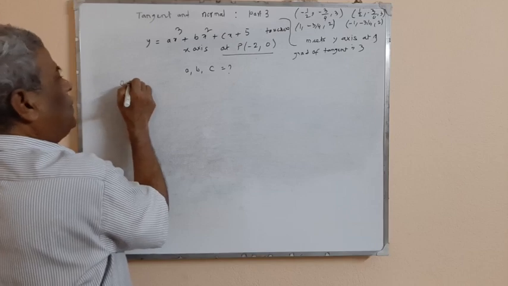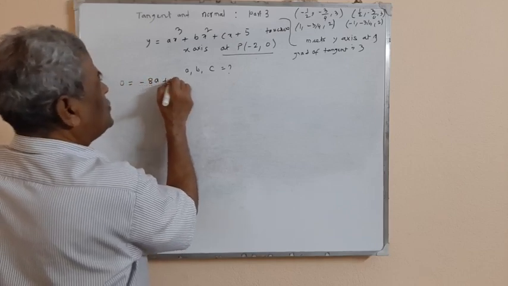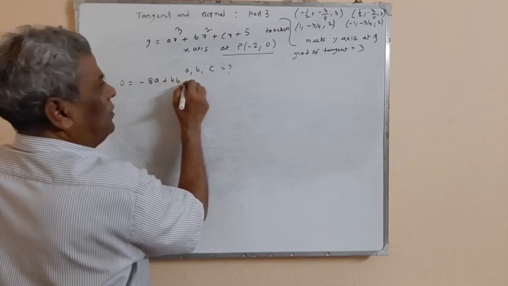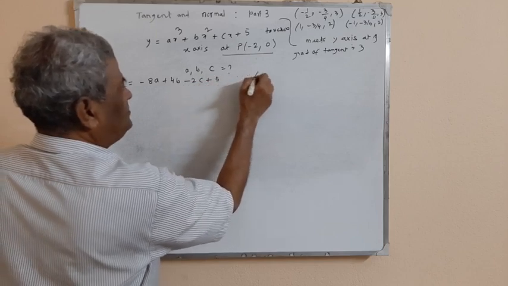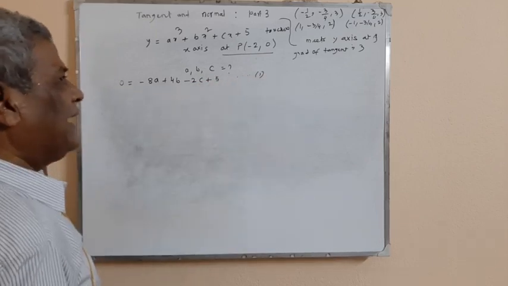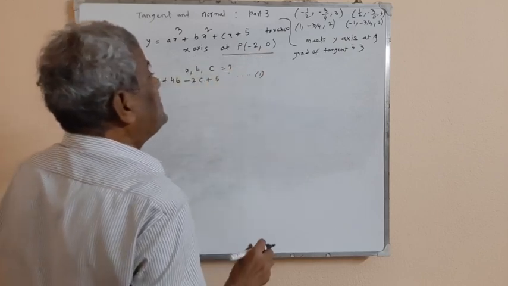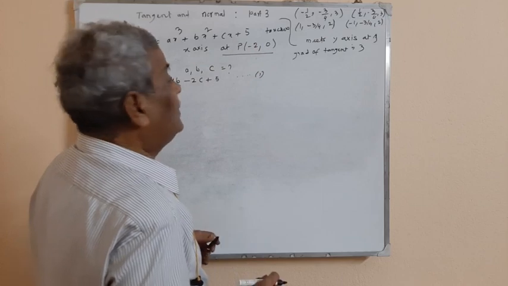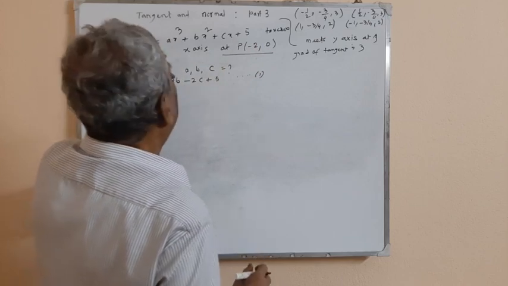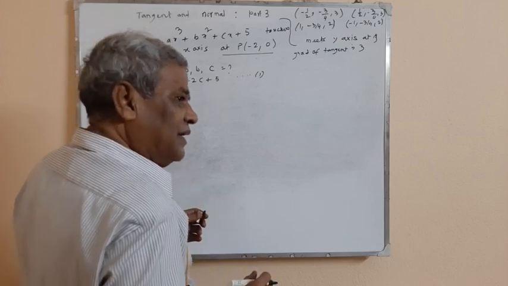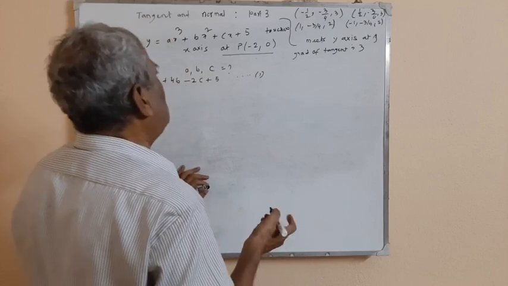So 0 is equal to minus 8a plus 4b minus 2c plus 5, equation 1. Secondly, it touches the x-axis at the point, which means the x-axis is a tangent there. So at that point, the gradient of the tangent must be parallel to the x-axis, so dy/dx is equal to 0.